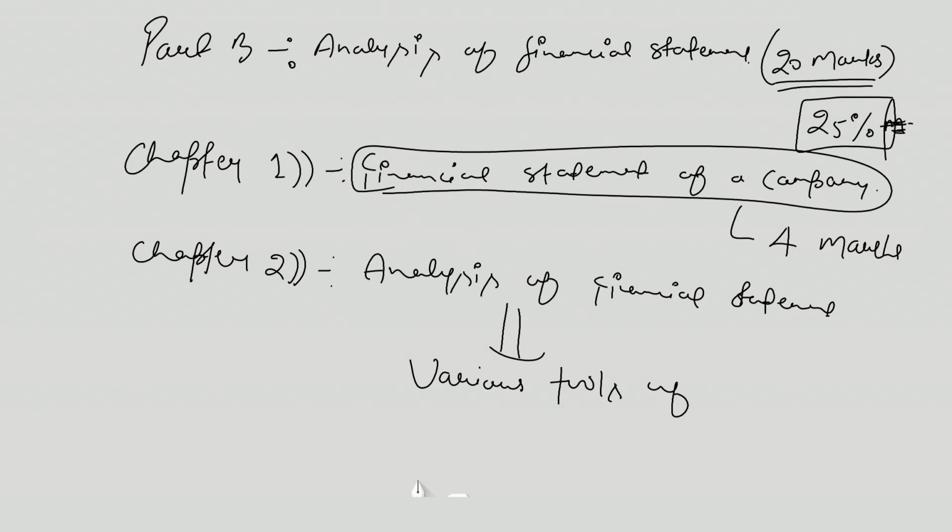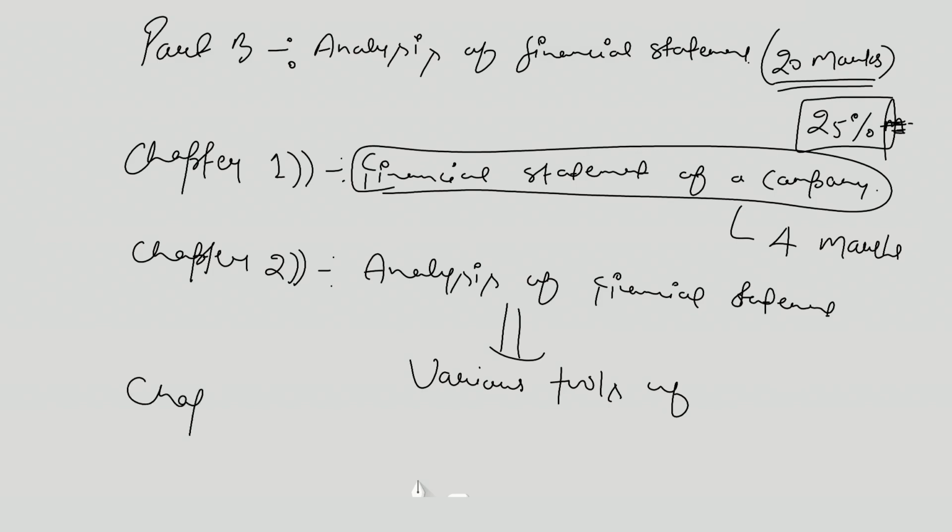Basically, there are 4 tools included in your syllabus: comparative statement, common size statement, accounting ratios, and cash flow statement. So these are the 4 tools used for doing financial statement analysis. Okay.